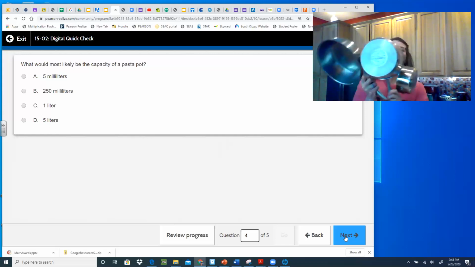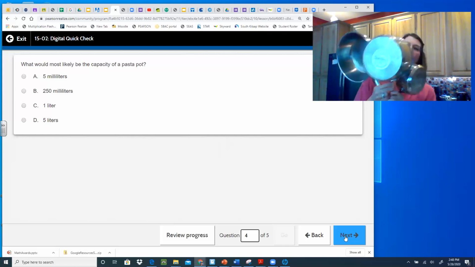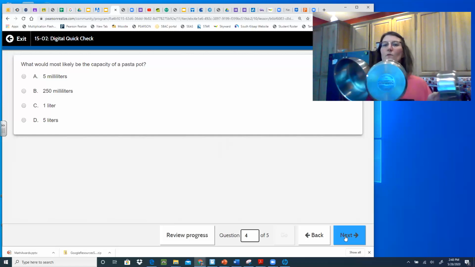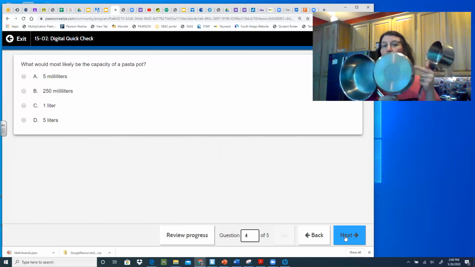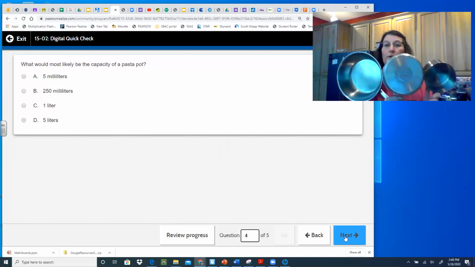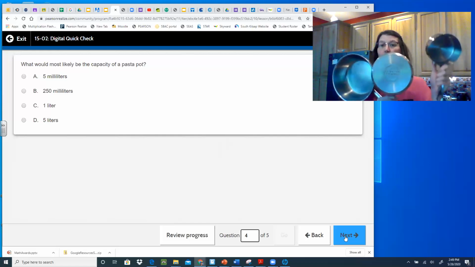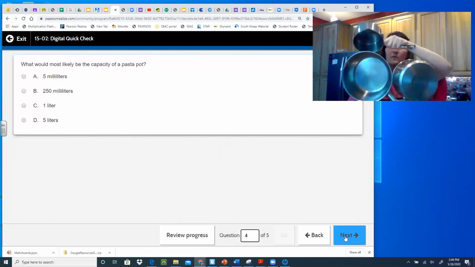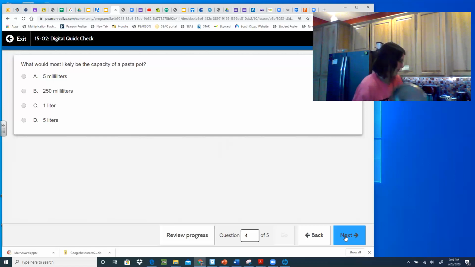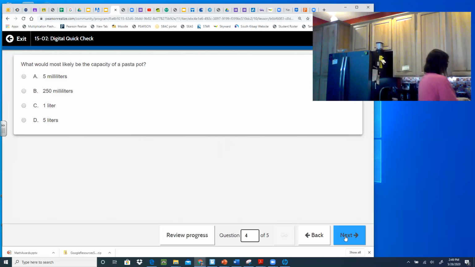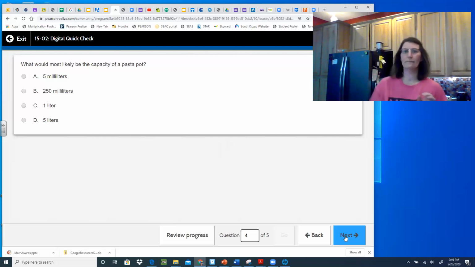Okay, so we have 3 different sizes here. This one we use for macaroni and cheese. This one's probably 1. This is probably the one that I have that's closest to 5.